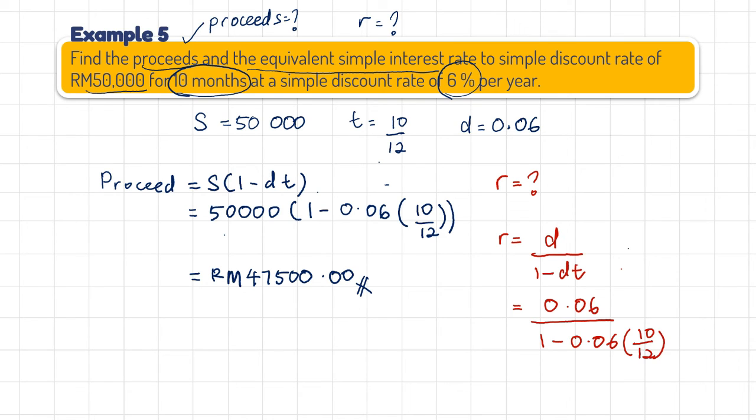Just press your calculator and you will get your R will be 0.0632. Remember to put your R in percentage. We will have R equals 6.32%. This is the answer for the second question.